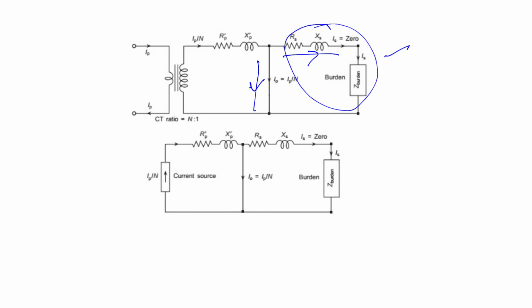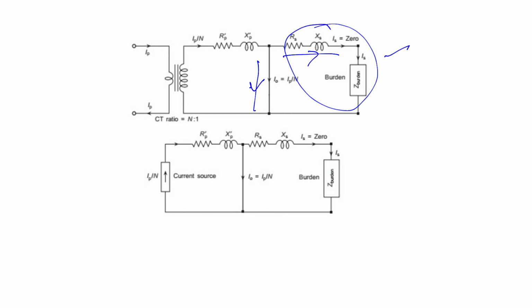So the maximum of the current is taken by this branch. You can see that this magnetization branch we replace with a short circuit to signify the fact that the magnetization branch is taking up all the secondary current and none is available to the burden. So this is the circuit model for that saturated CT.